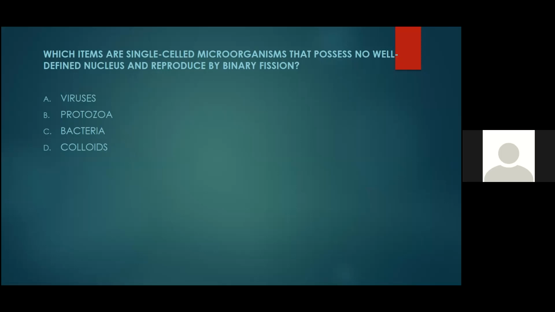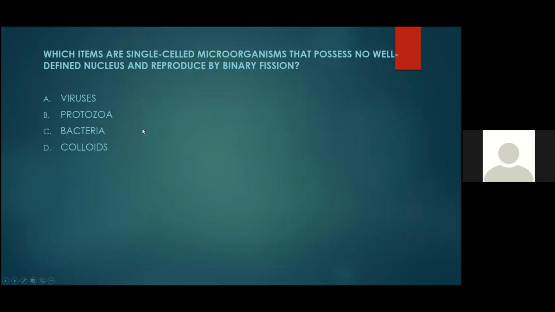They have no defined nucleus and they reproduce by binary fission.